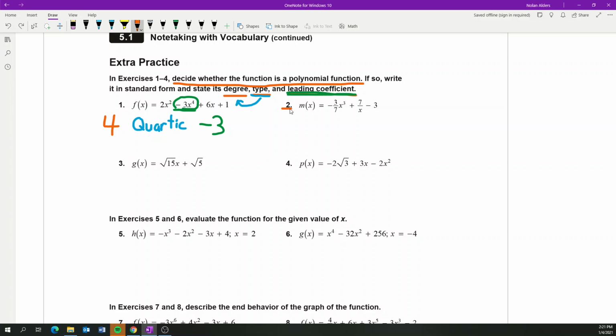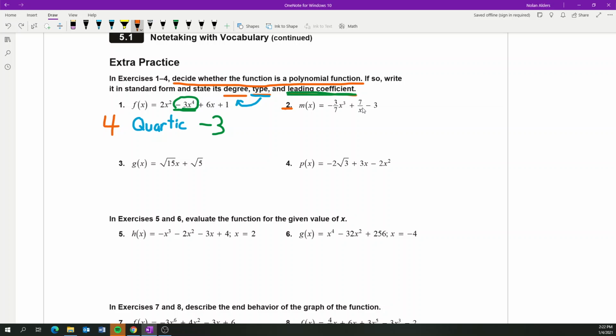However, if we look at number 2 right here, this one down here, or I should say not just integers, but they have to be whole numbers. Okay, your exponents have to be whole numbers. So for example, this one down here, because your x is in the denominator, it's going to be x to the minus 1.